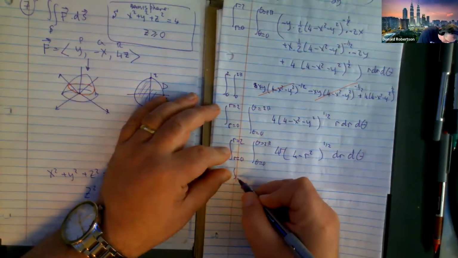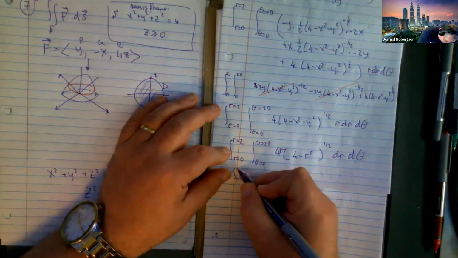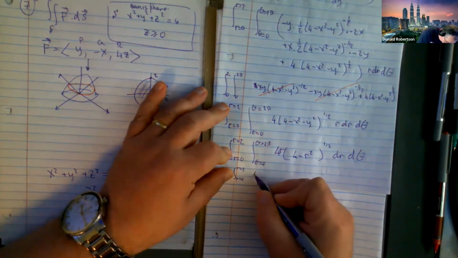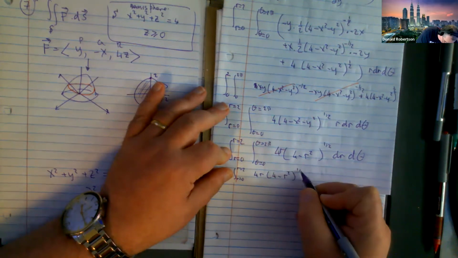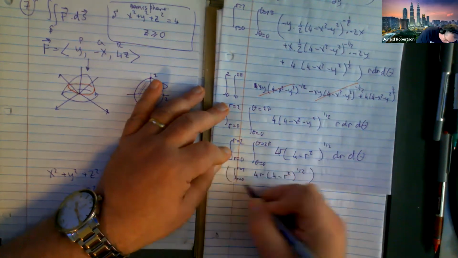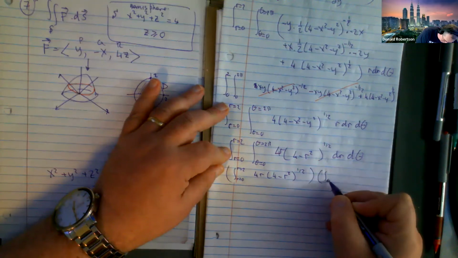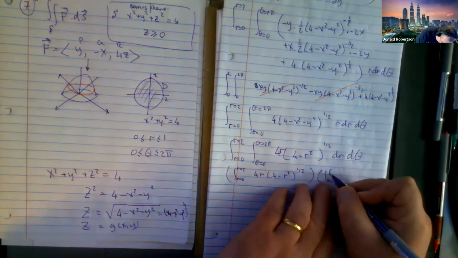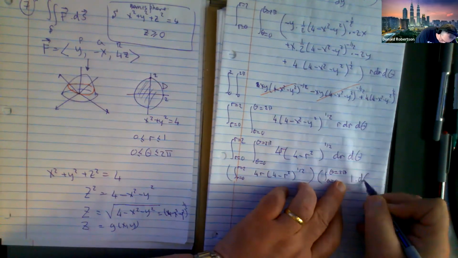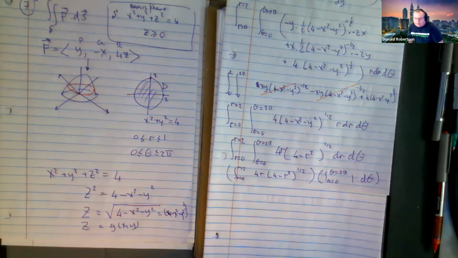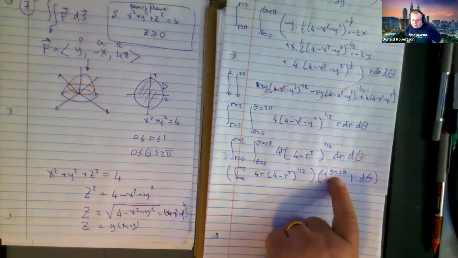So I'm going to do the integral from r equals 0 to r equals 2, 4r, 4 minus r squared to the half, that's the first guy, times theta equals 0 to theta equals 2 pi of 1 d theta. And this is where I'm going to stop here. That guy is easy, 2 pi.